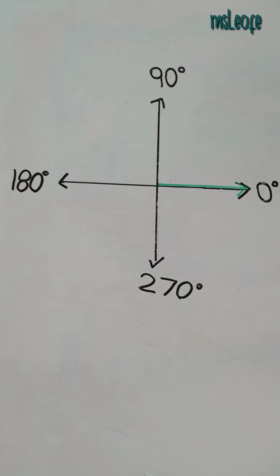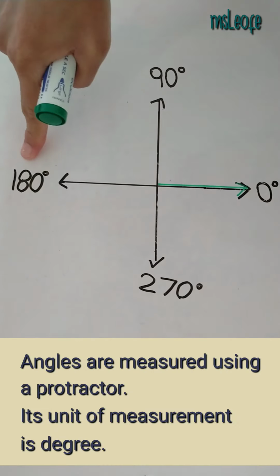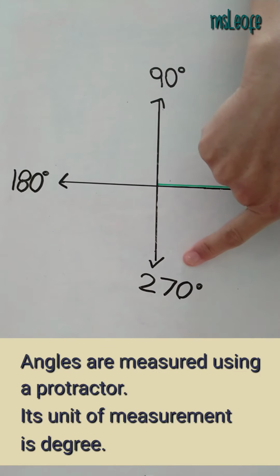Before I discuss the different types of angles, it's important to understand this, because the types of angles are determined according to their measure. Here we see 0 degrees, 90 degrees, 180 degrees, 270 degrees.